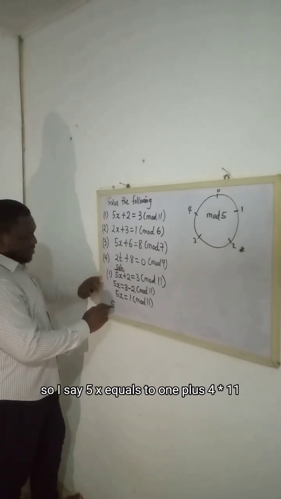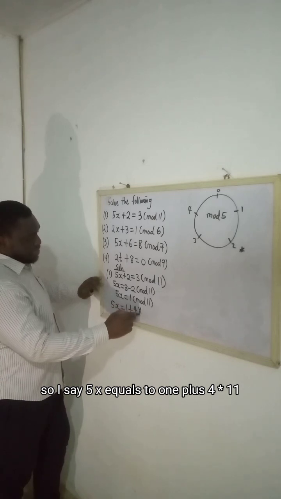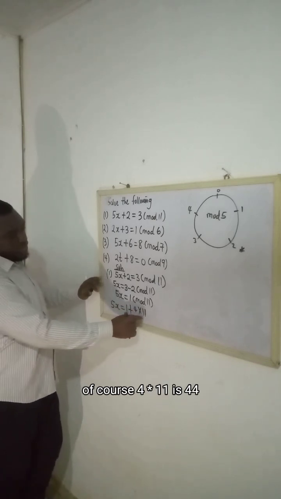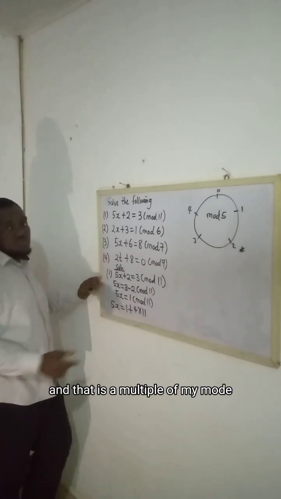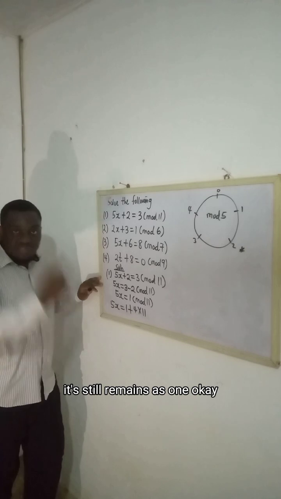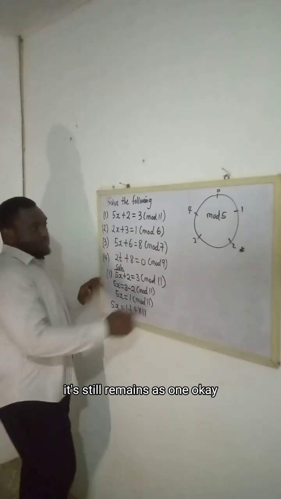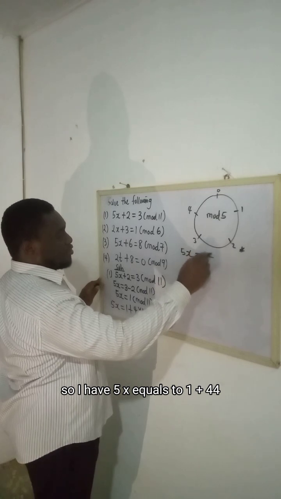I say 5x equals 1 plus 4 times 11. Of course, 4 times 11 is 44, and that is a multiple of my mod. And since it is a multiple of this mod, it still remains as 1. So I have 5x equals 1 plus 44.